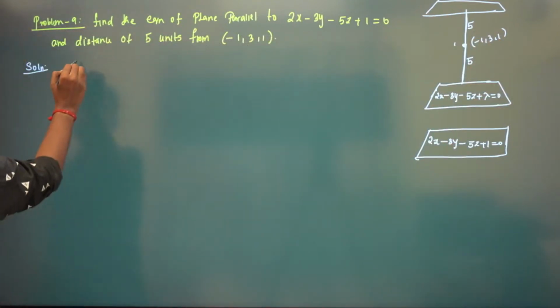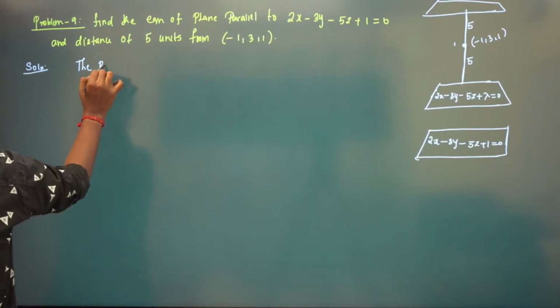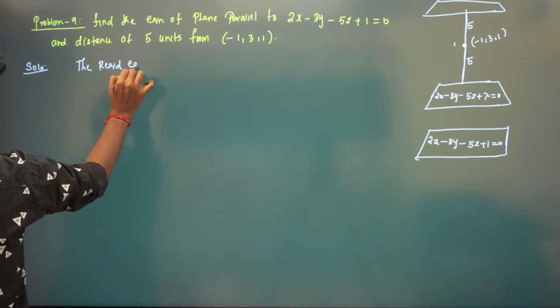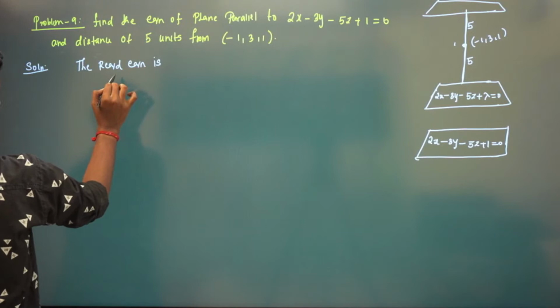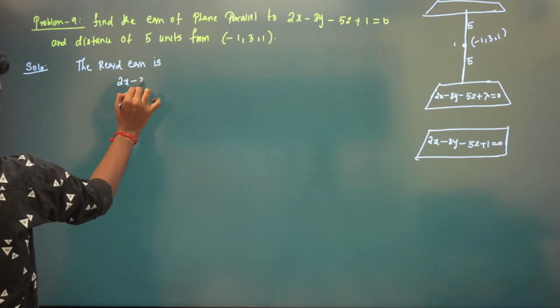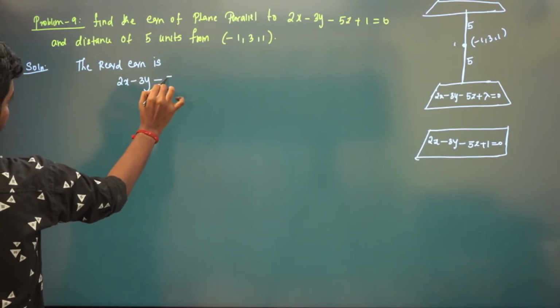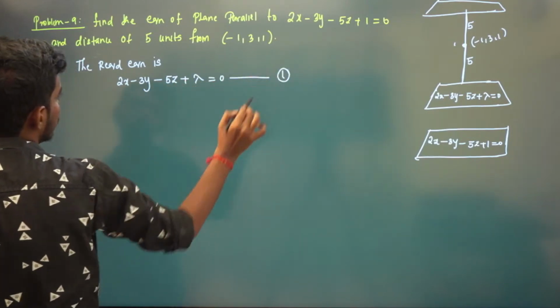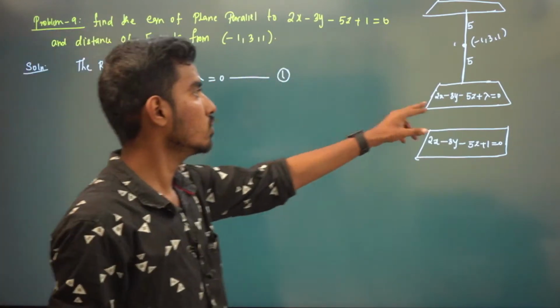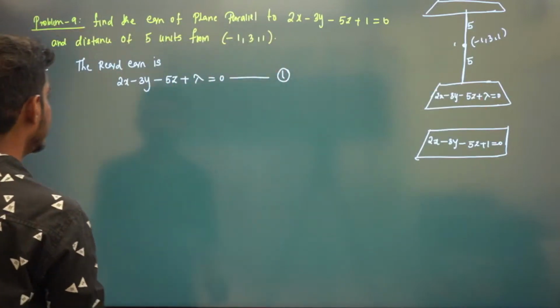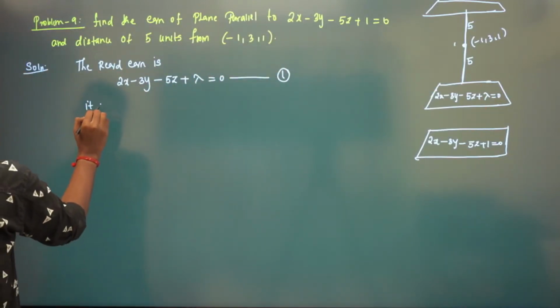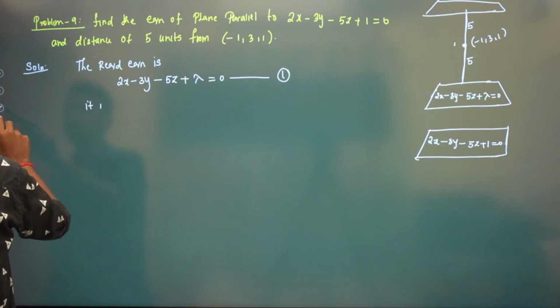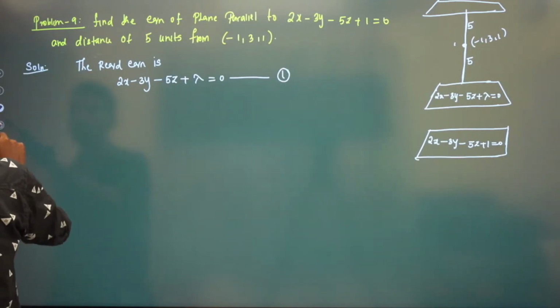Okay. The required equation is 2x minus 3y minus 5z plus lambda is equal to 0. Now it is at a distance of 5 units from this point.